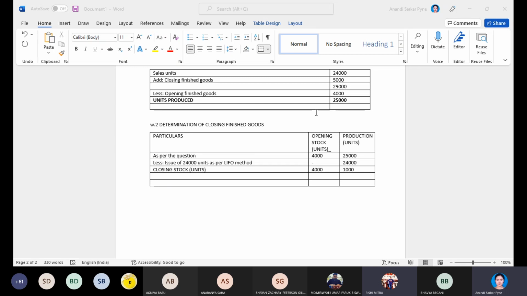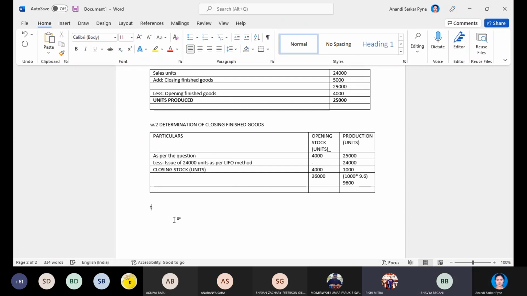That's why this has been shown. So with respect to 4,000, the amount is 36,000, and with respect to this, the amount is 1,000 multiplied by 9.6, which is 9,600. So therefore, 45,600.